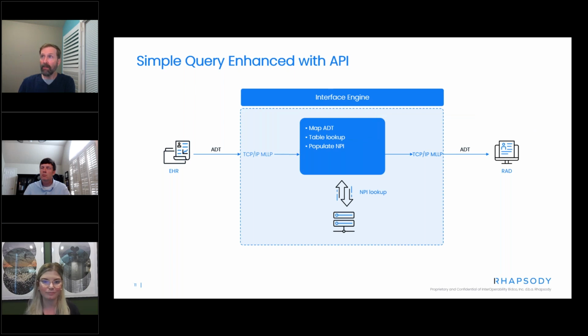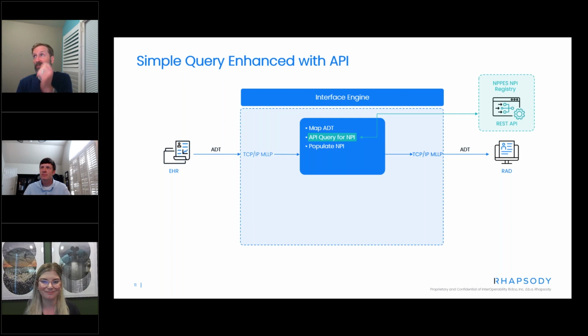It turns out that there is the real source of truth, the NPPES registry, the place that providers actually register for their NPI. So this is the real source of truth, and daily, every new provider that registers is updated there and available on their API.